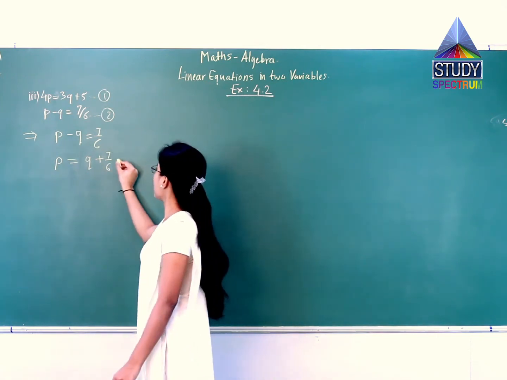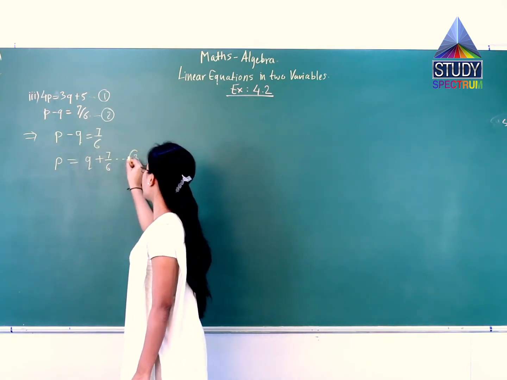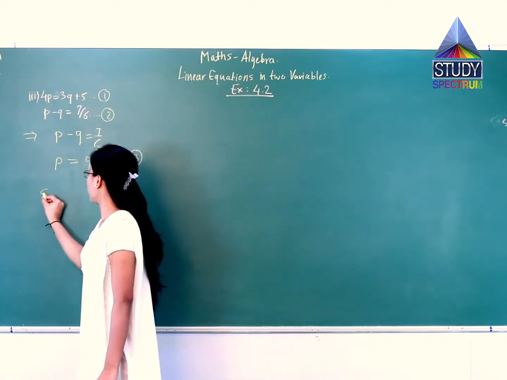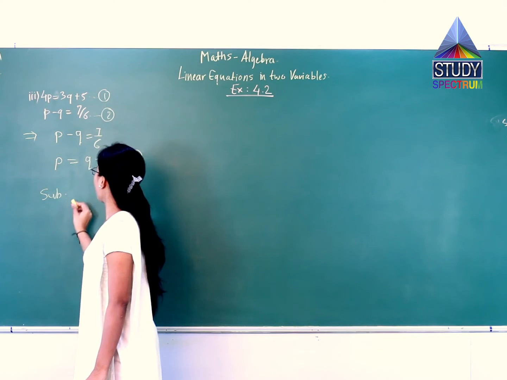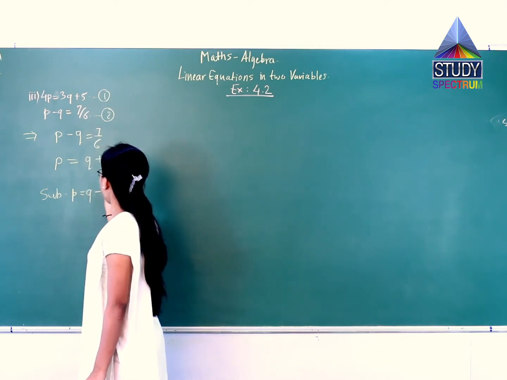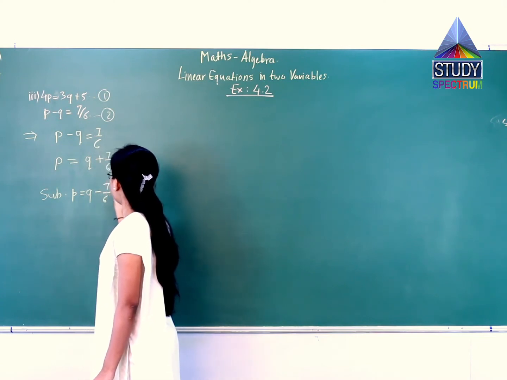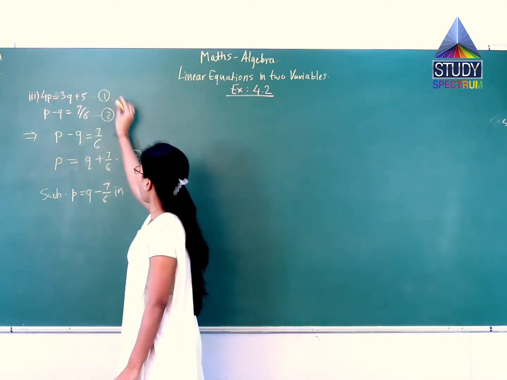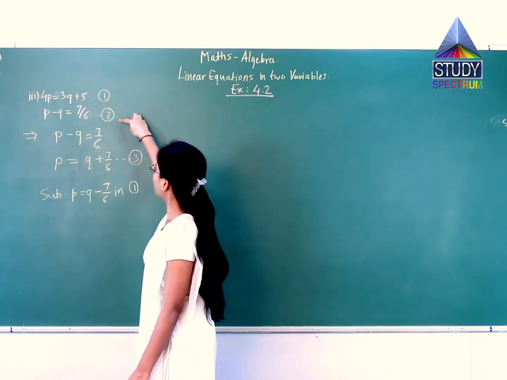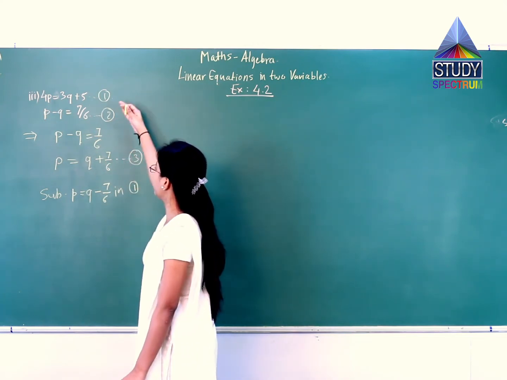So this is our equation number 3. So what we will say, substituting p is equal to q plus 7 by 6 in equation number 1, because we derived equation number 3 from 2. So we will substitute in 1 now.